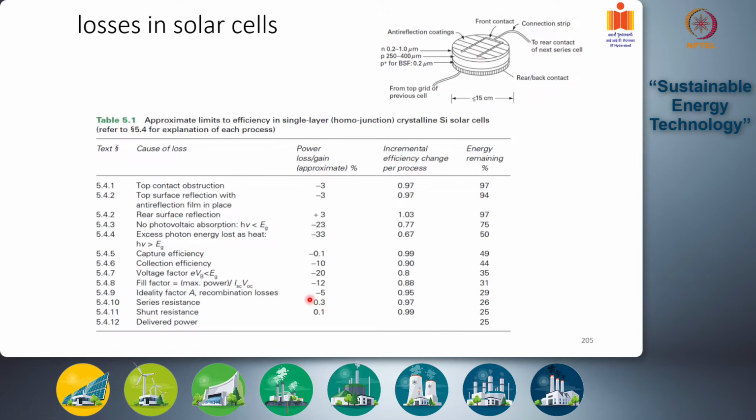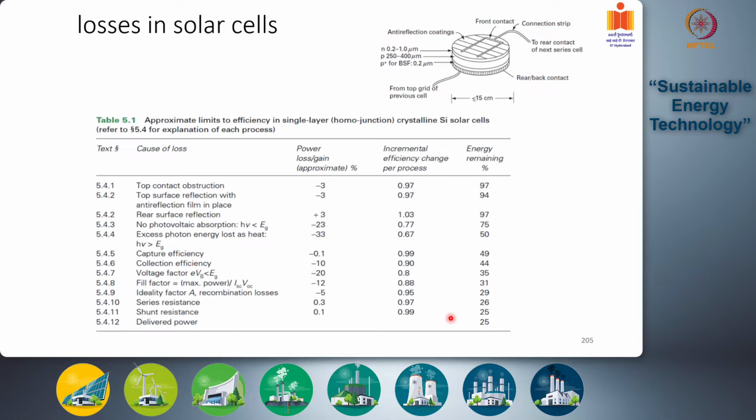So these two have small power effects like around 0.3% and 0.1%. So it goes to around 25% finally. So a crystalline silicon solar cell under ideal conditions will deliver around 25% of the energy. Okay. So this is kind of the entire graphic of where the energy is being lost under which conditions.